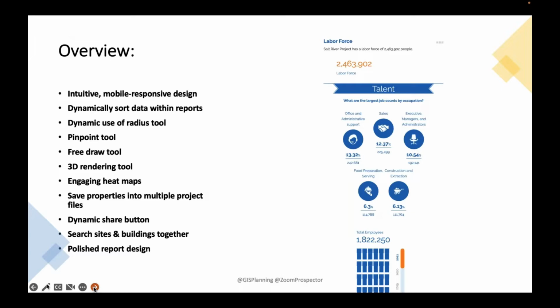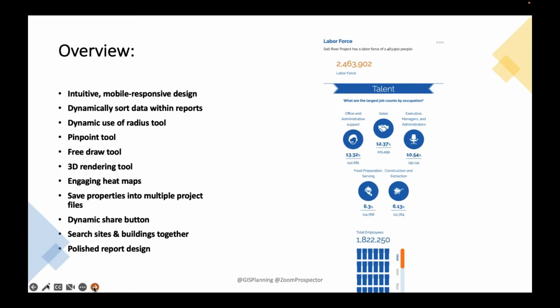Just as an overview, the ZoomProspector tool, we've been around for 25 years, and we are the leading provider of this kind of GIS data tool for site selection, for economic development. I think of it as GIS for the non-GIS user. The idea is that it is intuitive, it's easy for anyone to use.